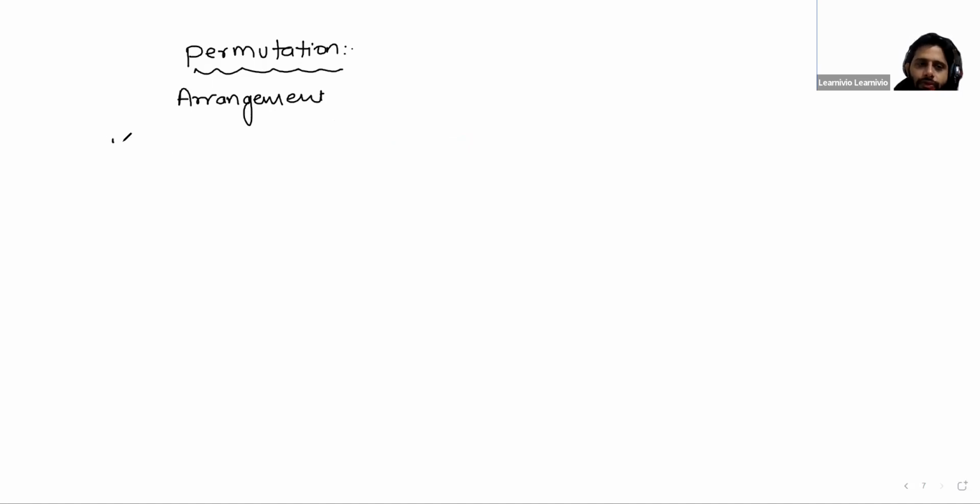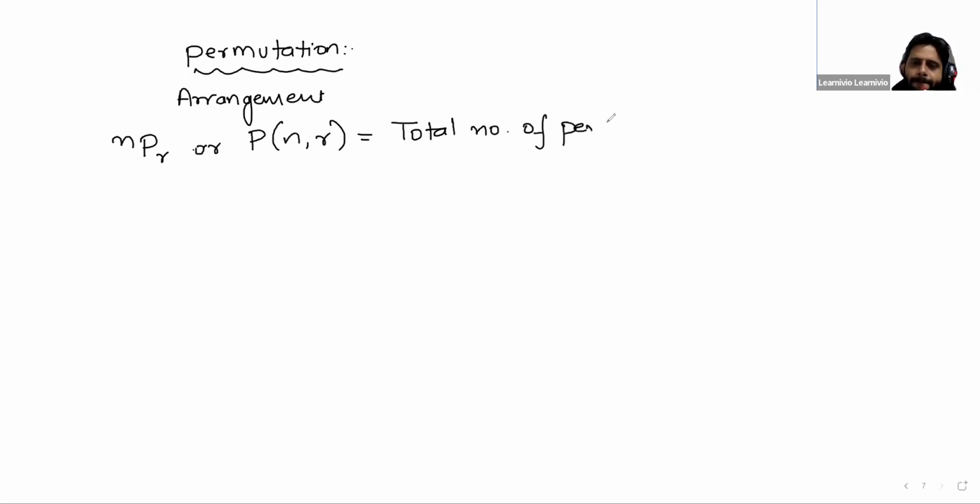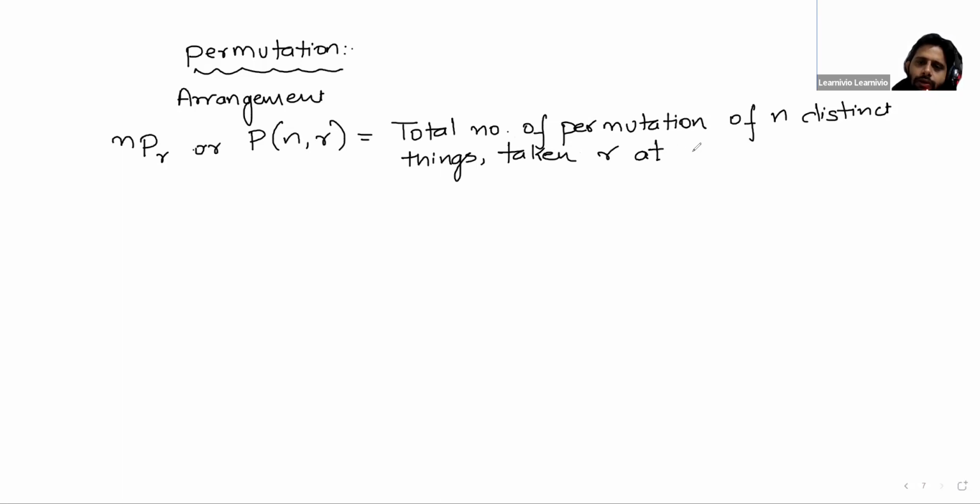Now we will do the formula of permutation. So nPr, or this can also be written as P(n,r). So this means total number of permutations of n distinct things taken r at a time.